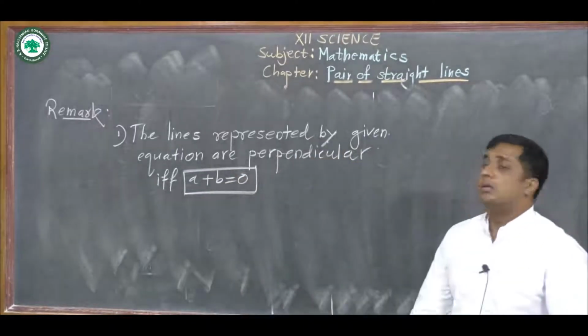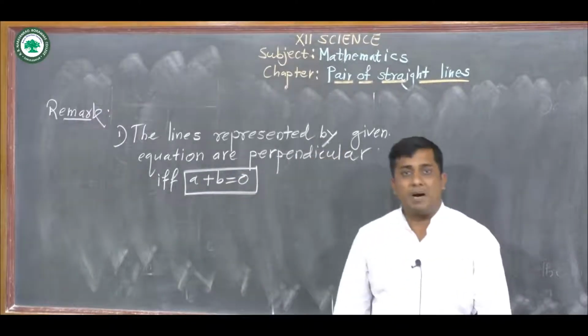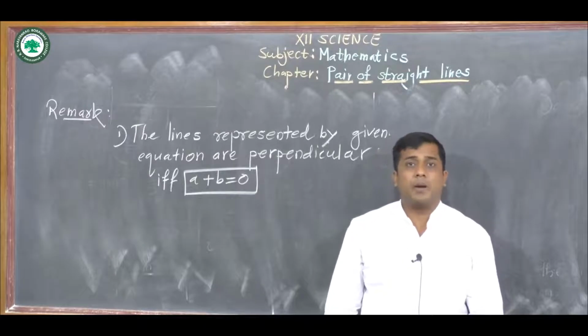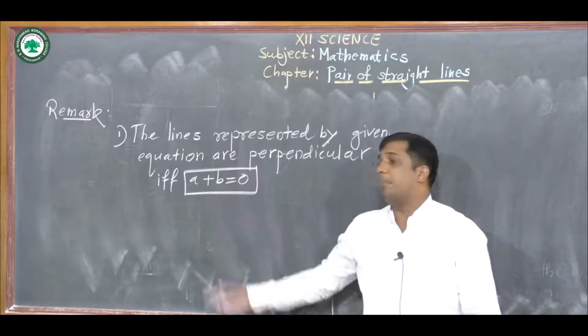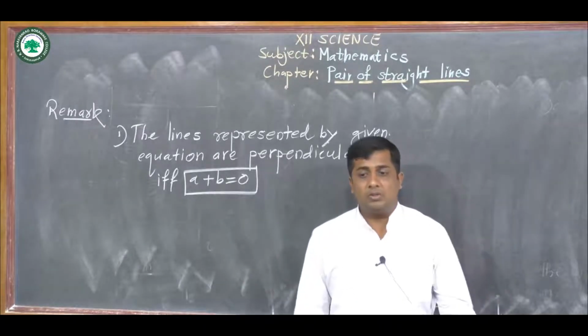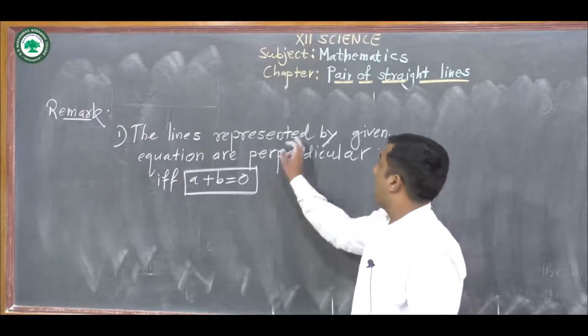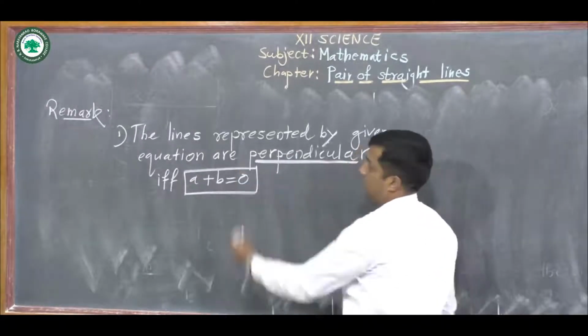So remember this remark. The condition for perpendicular lines is a plus b is equal to 0. This is for perpendicular lines.